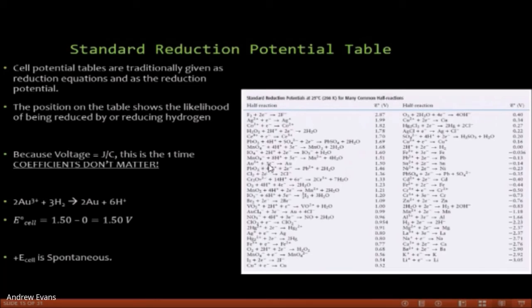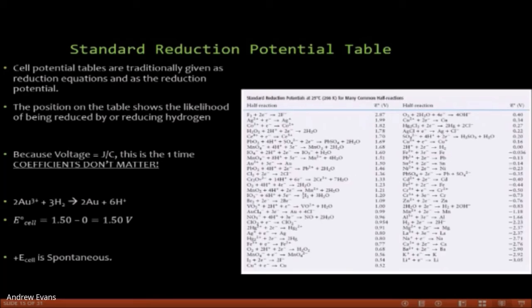Gold 3 plus plus 3 electrons goes to gold solid. That is 1.5. Then you have H2 and H plus. You keep going all the way down, and that's right there at 0. You'll notice this is not H2 goes to 2H plus. This is 2H plus goes to H2.